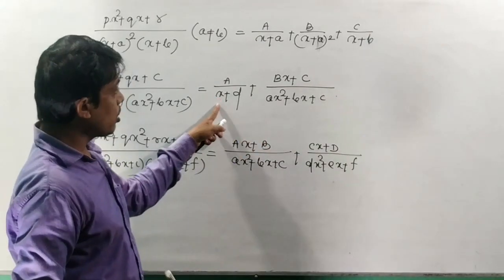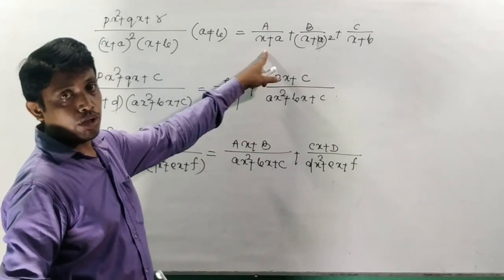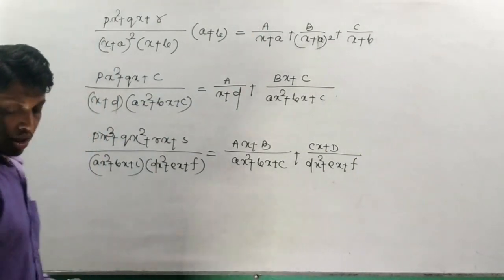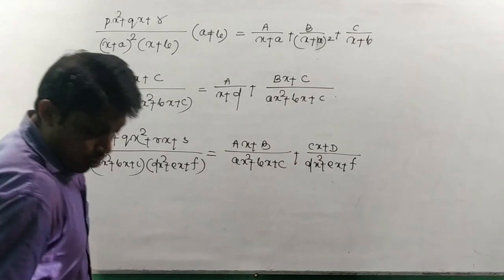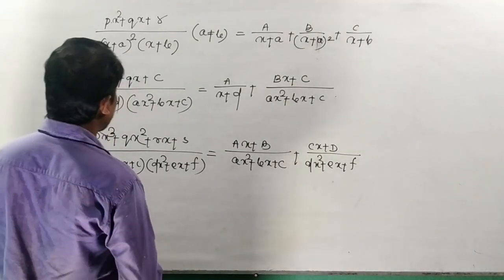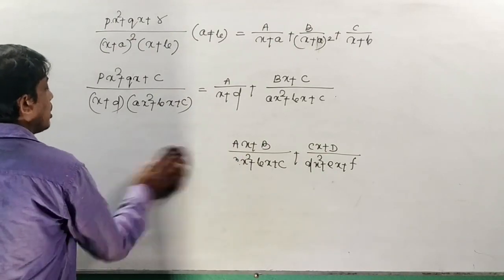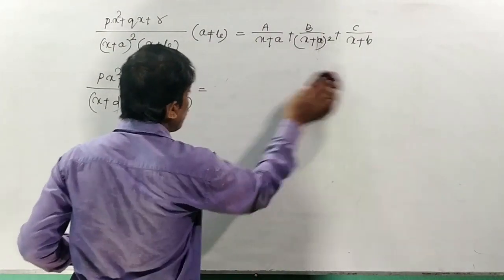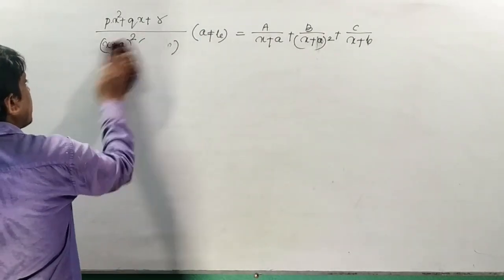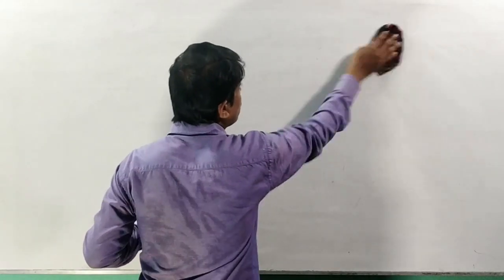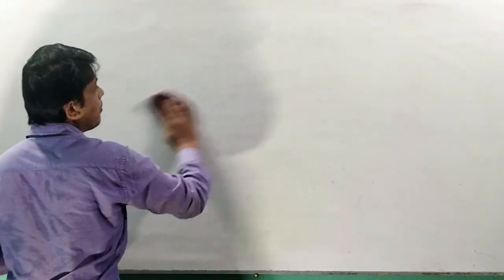If the denominator is taken in the linear form, then the numerator is taken as only a constant. Okay. Then we have to discuss how to apply the partial fraction. These are the forms. In which form, what should we have to do? Then how to solve such that we have to find out the numerators capital A, B, C. Let us take some example.